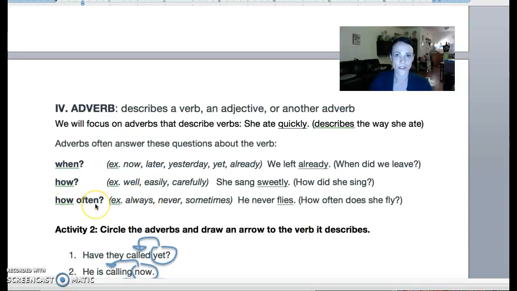Adverbs can also answer the question, how often? So, he flies. How often does he fly? Never. He never flies. So other words that give information about how often are things like always, never, sometimes, rarely, occasionally. Right?